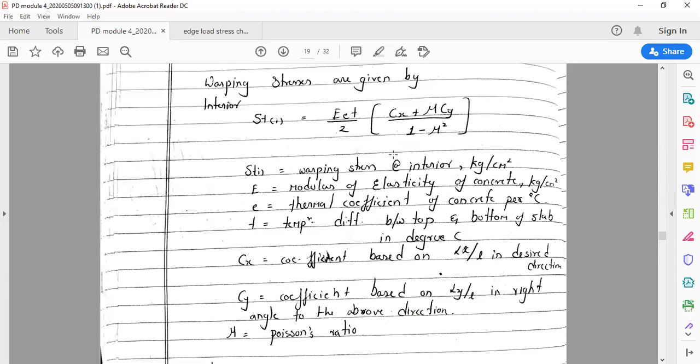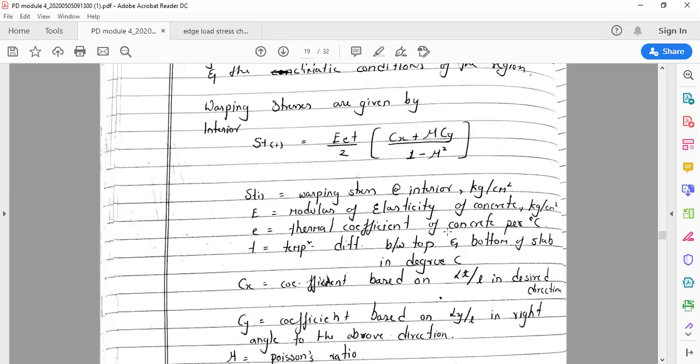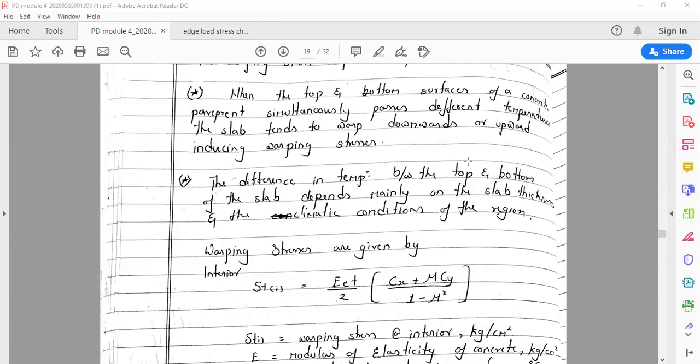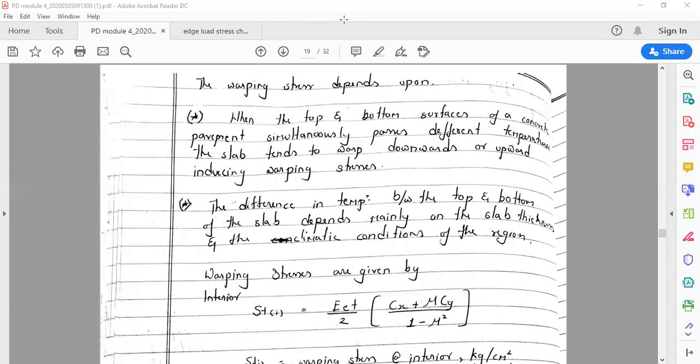Any doubts you have on how to calculate? Any doubts till now referring to the charts?